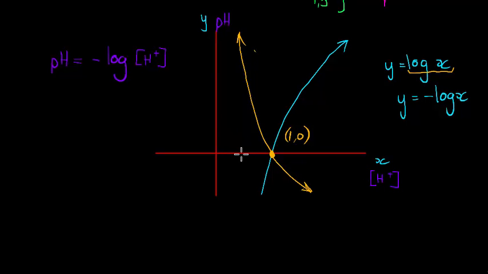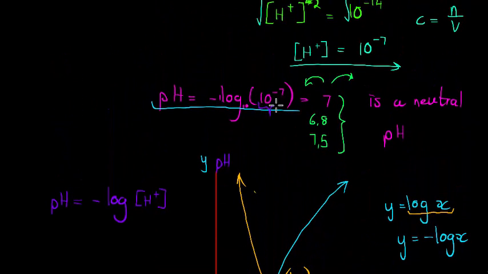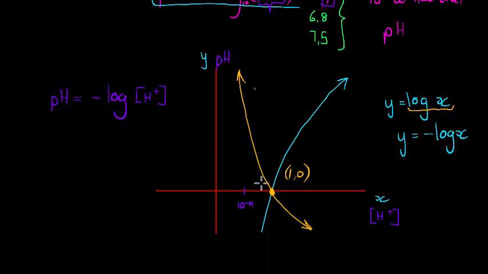Forgive my graph, it is definitely not to scale, but at 10 to the power of negative 7, if that is the concentration of hydrogen, my input value, then my output value is 7. That is my hydrogen solution.